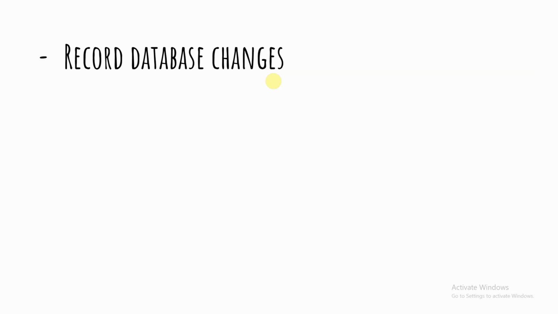Whenever the database changes, those changes can be recorded using the journaling feature. So we can save those operations, or those changes which happen on a particular database file, using the journaling feature in the IBM AS400 system.